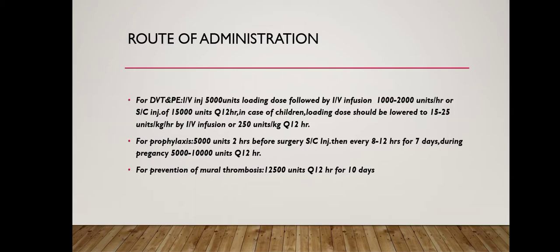For prophylaxis, 5,000 units 2 hours before surgery, subcutaneous injection, and then every 8 to 12 hours for 7 days. During pregnancy, 5,000 to 10,000 units every 12 hours. And for prevention of mural thrombosis, 12,500 units every 12 hours for 10 days.